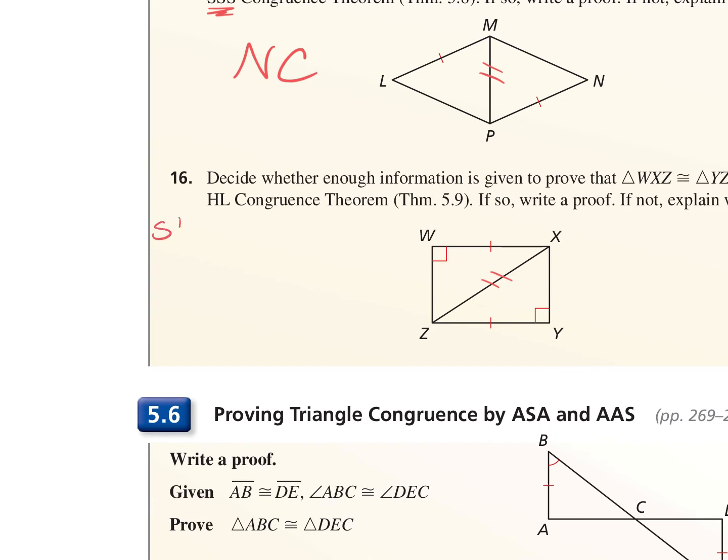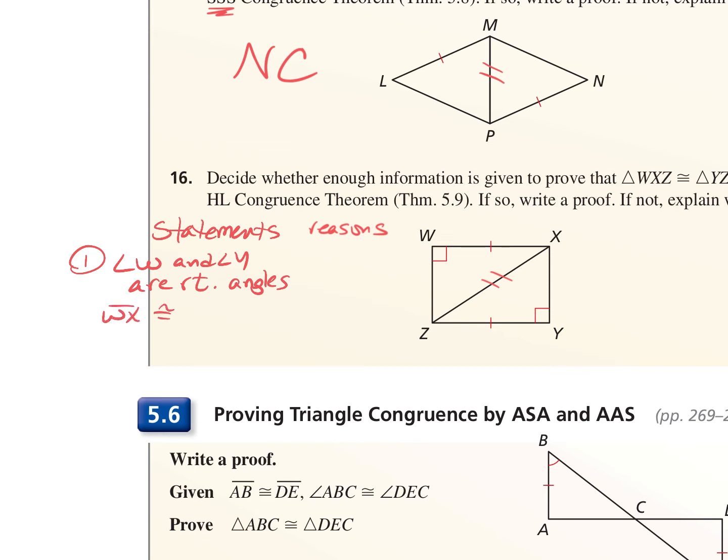So statements and reasons. So number one, I'm going to state all the given. That angle W and angle Y are right angles. Then I can also state that WX is congruent to YZ.